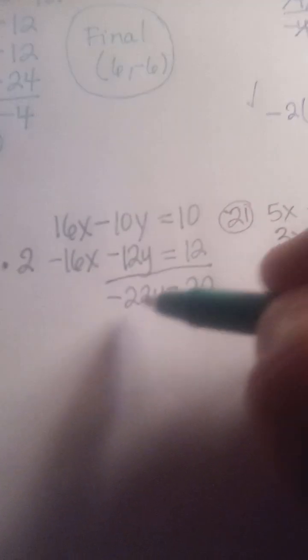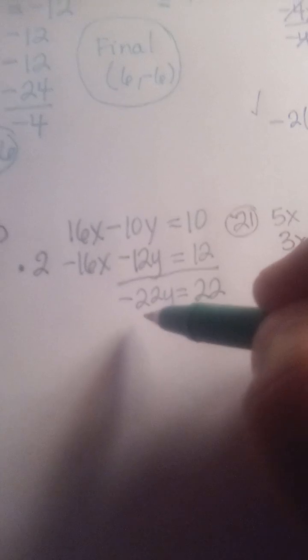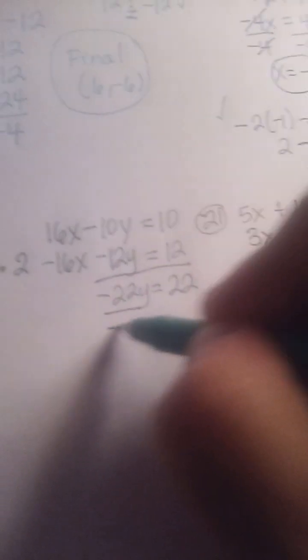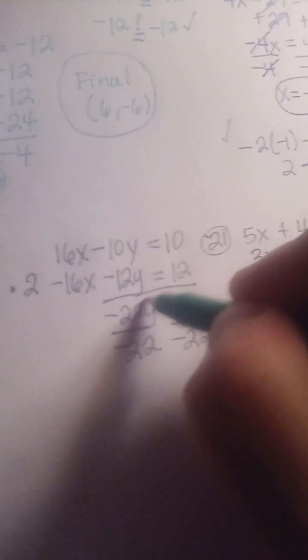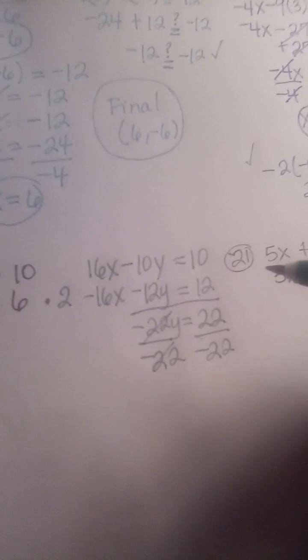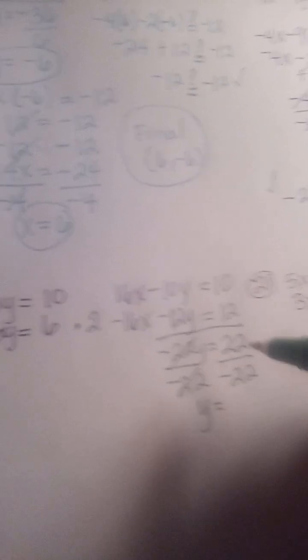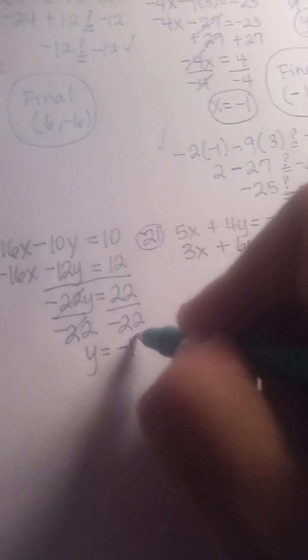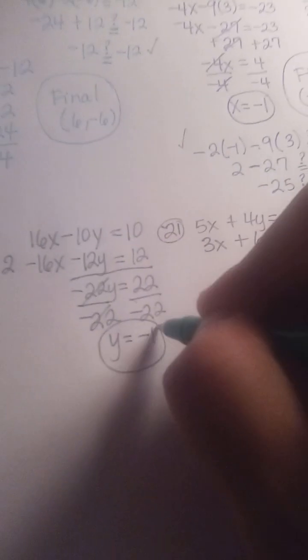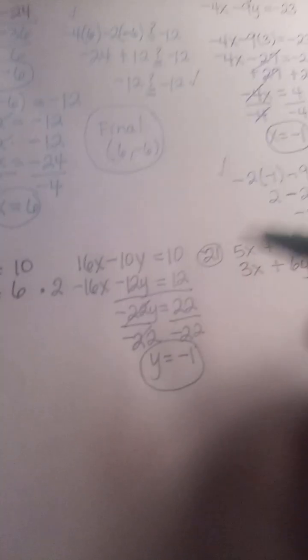And then we're going to divide by what's in front of the variable, in this case negative 22. Cross out the negative 22s on the left side. Bring down the y. We have positive 22 divided by negative 22. That gives us a negative 1. We solve for y. So far, so good on this.